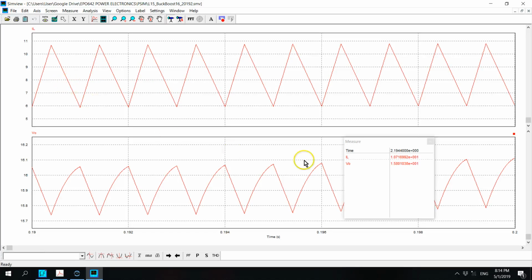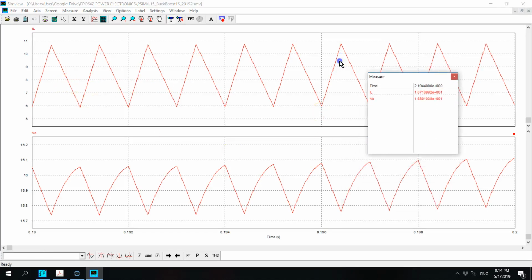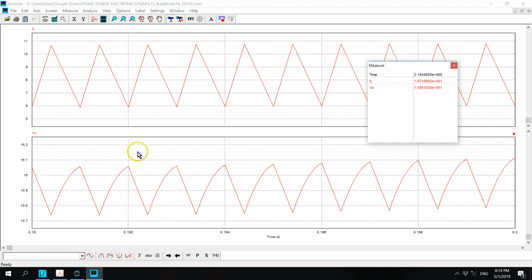And also if you refer to the output voltage, it is not symmetrical. The output voltage is still climbing. This peak keeps on increasing. So we have not yet reached the steady state.